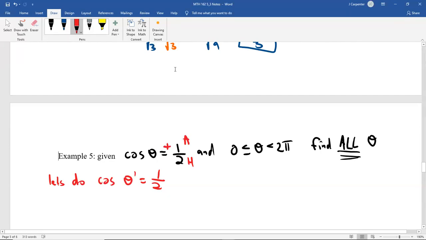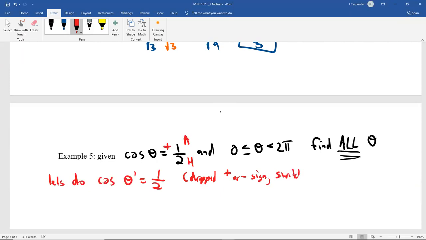Because the cosine of an angle has the same cosine as a reference angle, or for any trig function really, with maybe just a plus or minus difference. So if the cosine of the angle is 1/2, that means the cosine of theta prime is also 1/2. If the cosine was negative 1/2, that means the cosine of theta prime would have to be positive 1/2. Reference angles, all positives, no negatives.